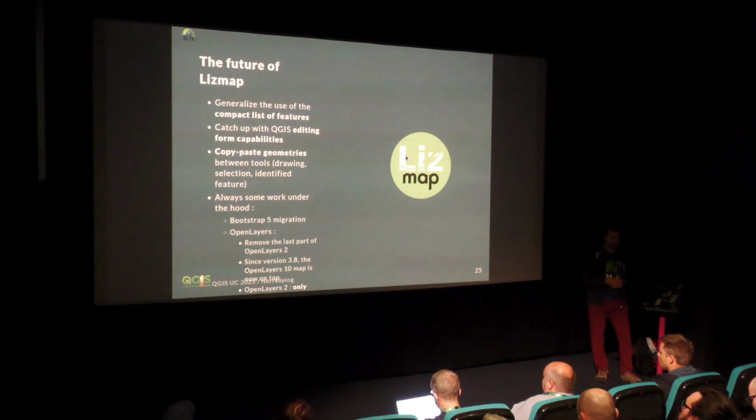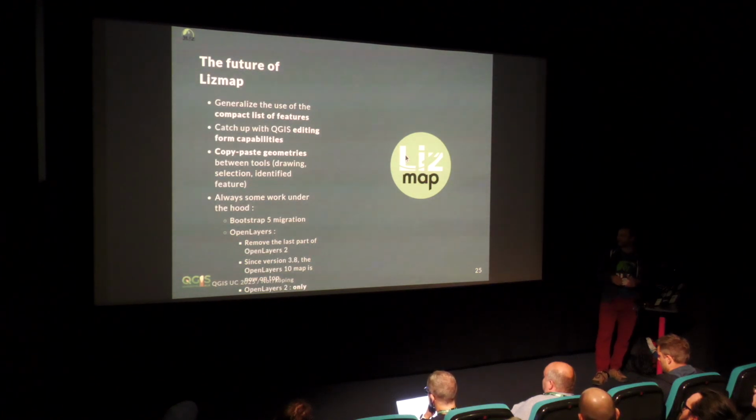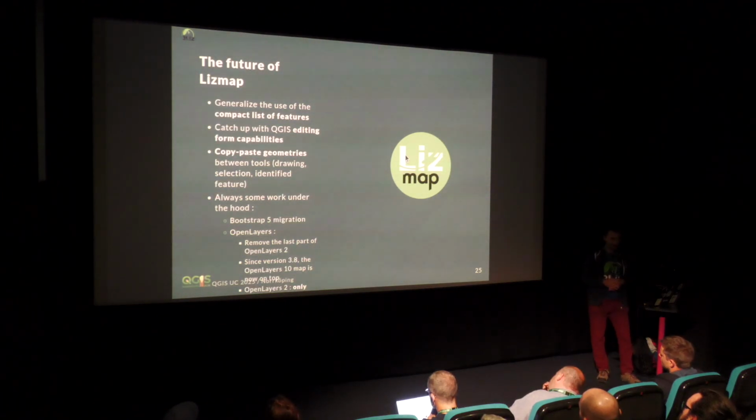And also some work under the hood that no one will maybe notice, or it's very hidden. But as I said, Lizmap is 12 years old, and there are still some components using OpenLayers 2. Sorry for this old version, but it's a lot of migration, and for now there are two maps on top of each other. But we do it step by step, by migrating components to OpenLayers 10.